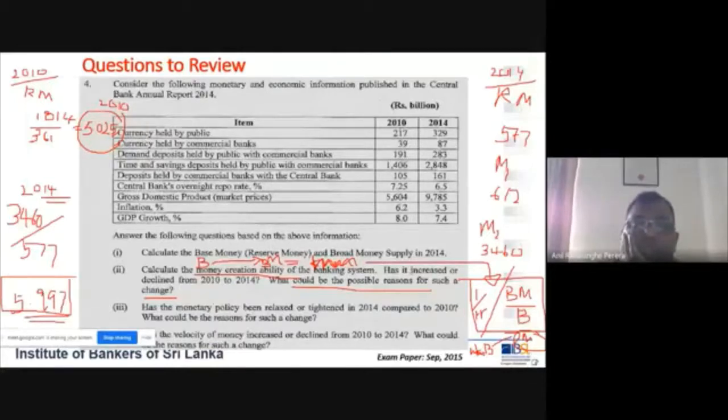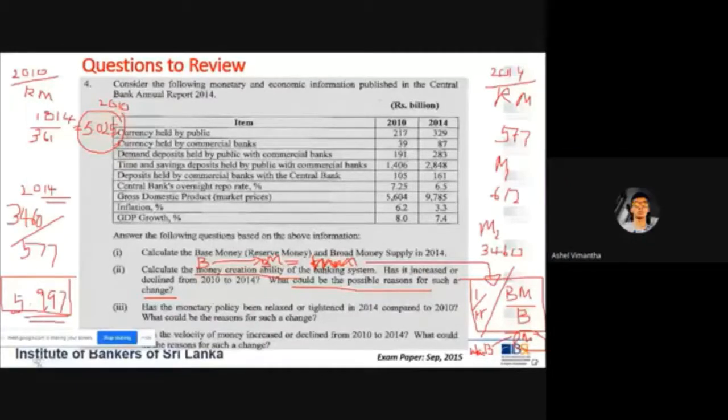What could be the reason for money multiplier to increase? Any guess? Less reserve ratio.